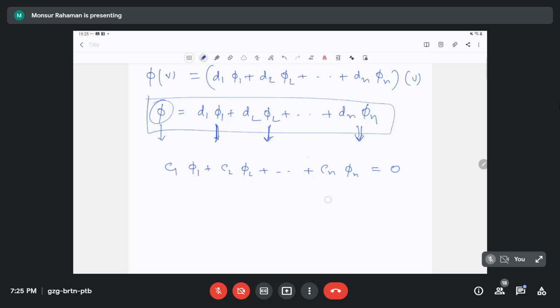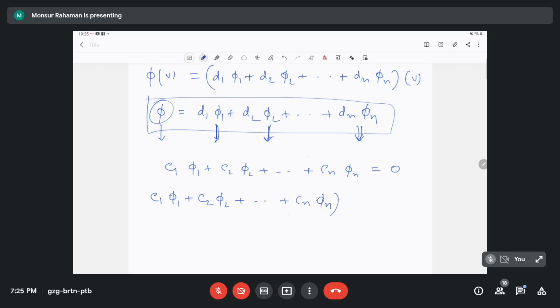So let's try this. Start from this equation, and c1, c2, cn are all arbitrary real numbers. So this is not actually a number or vector. You can say this is an element of V star, or a function from V to R. So if you try to check it, you have to send any vector.